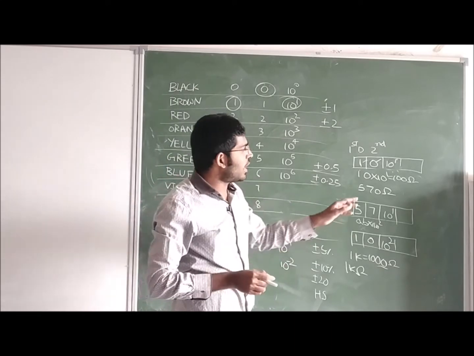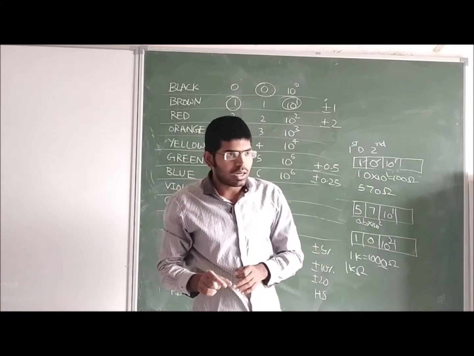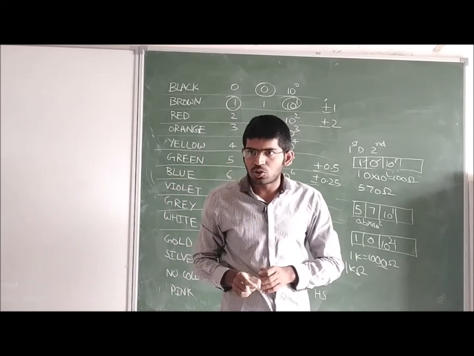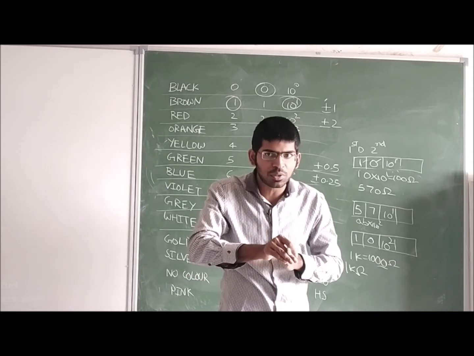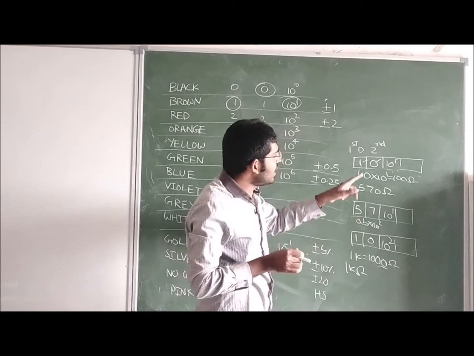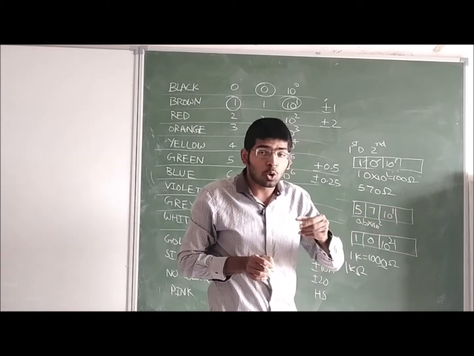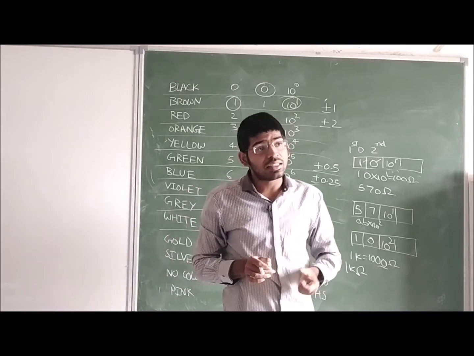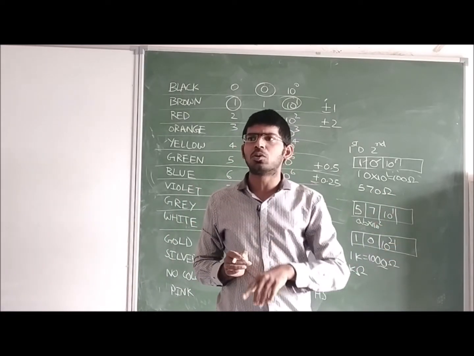And the fourth band which we have left is used for the tolerance. Already we have discussed what tolerance is. Tolerance is the variation of the resistance from the indicated value. Now the indicated value is 100 ohms. But there is no guarantee that this 100 ohm resistor may give 100 ohms in your circuit.